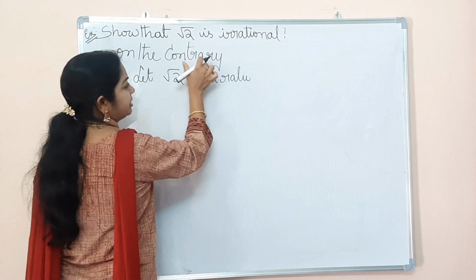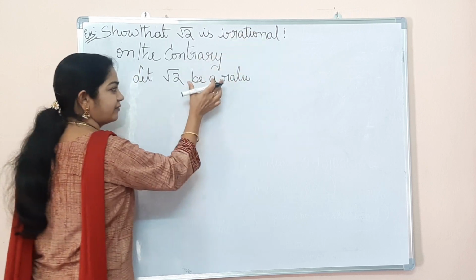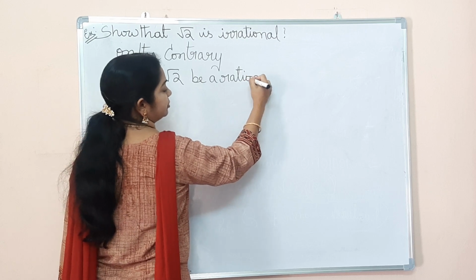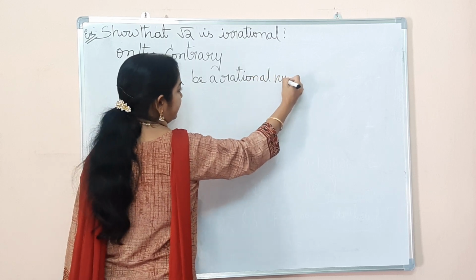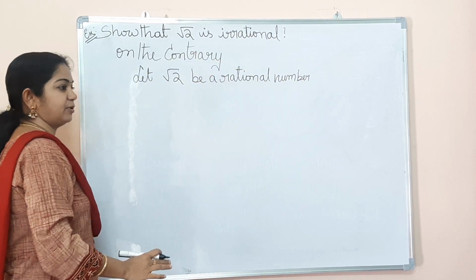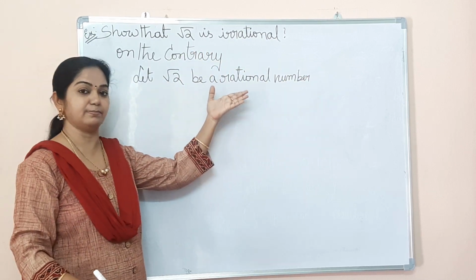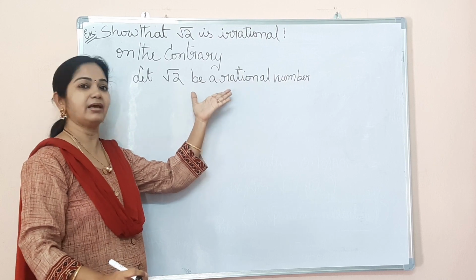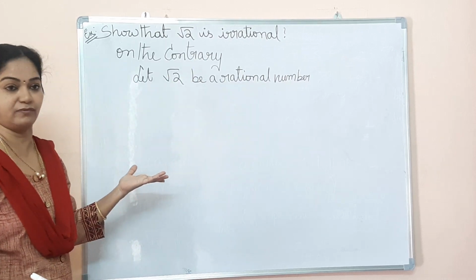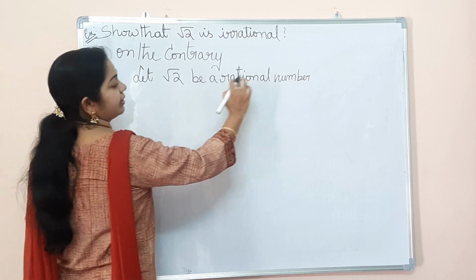Contrary means I have to prove irrational, so I have taken rational. Root 2 is a rational number. From the examination point of view, each and every step is important here. You understand and you have to write as it is. It is not like problem solving.